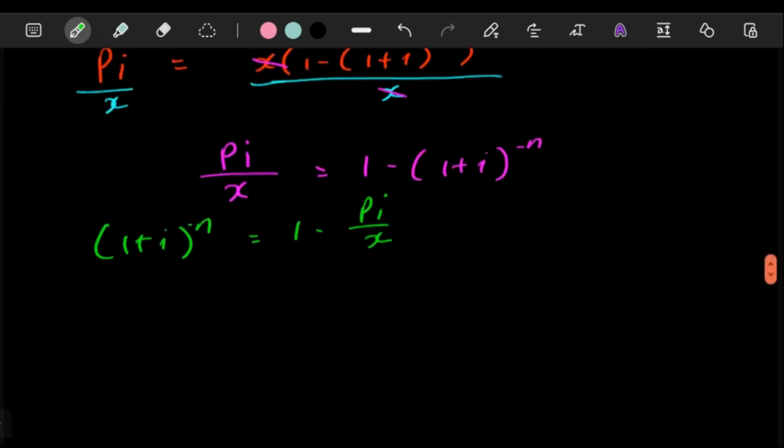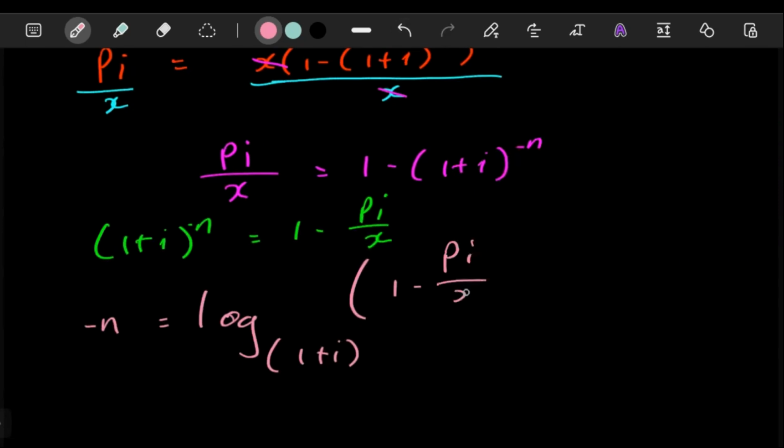Then, making n the subject of the formula, it's going to give you log. The base is going to be 1 plus i, and then 1 minus pi over x. The whole thing is negative here, so if you divide both sides by negative, it will be on this side instead.